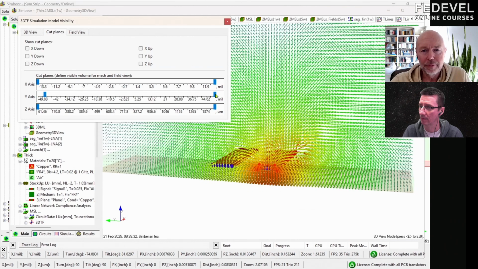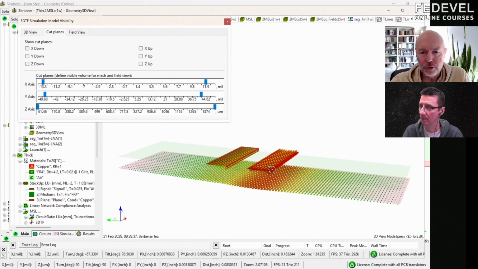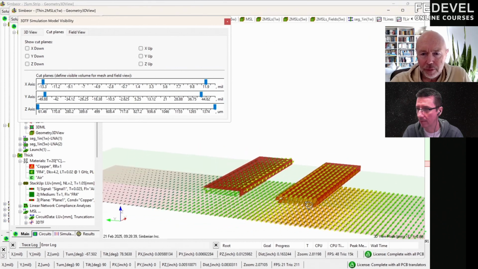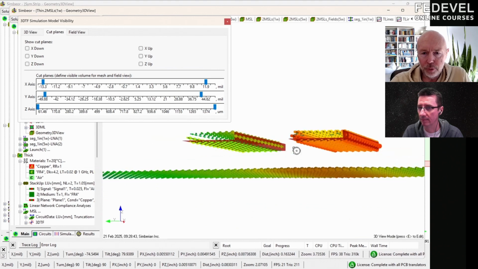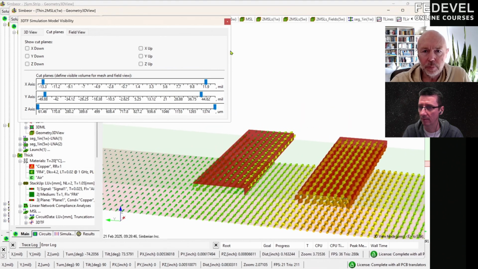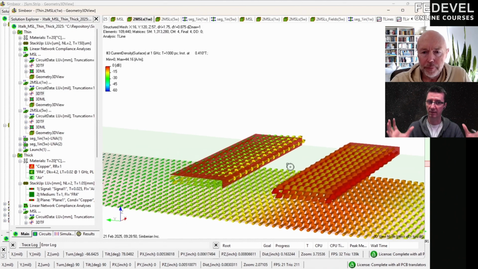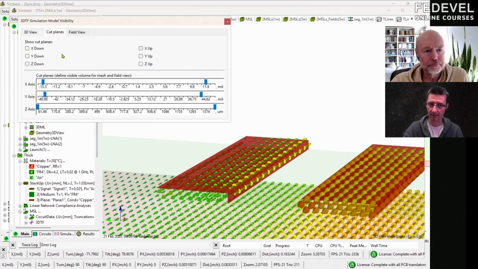Let's show the currents in just a second. I'll restrict this area to just traces. And we can see the surface currents in this case, flowing on both sides of the trace. And let me just make more space. So here, basically this field is making the current in the other track. These are the currents we see.